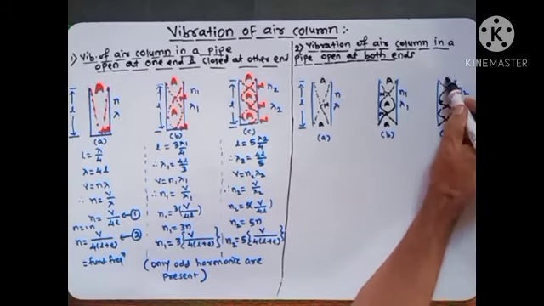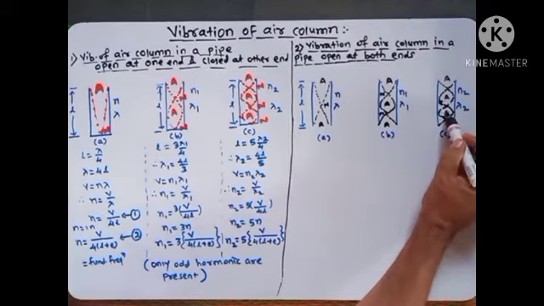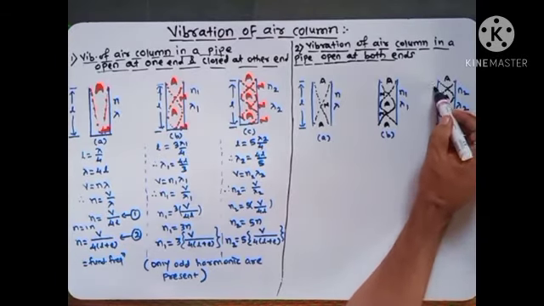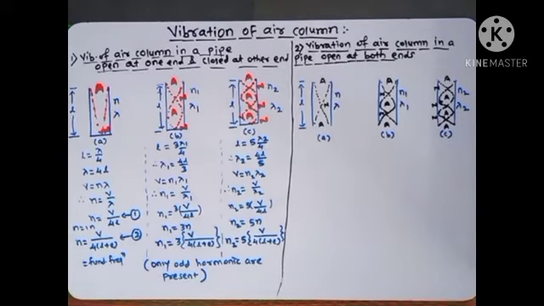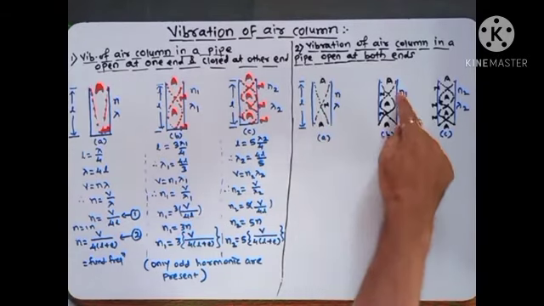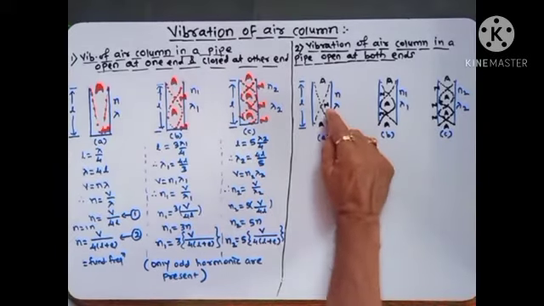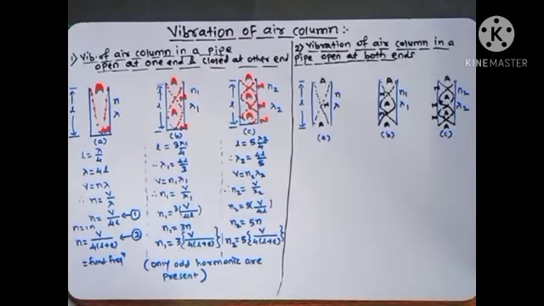Like this, antinode, antinode, antinode, antinode, and three nodes. That means each time we increase the number by 1: one node, two nodes, three nodes, like that.